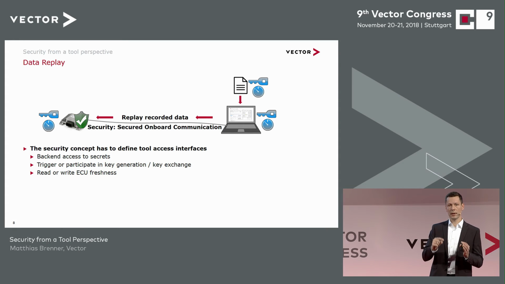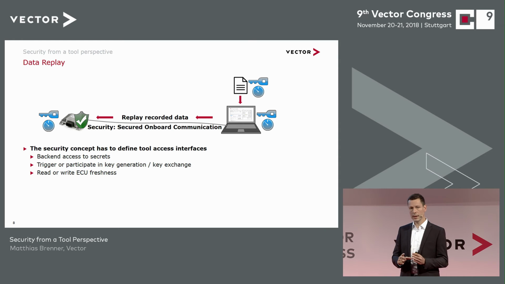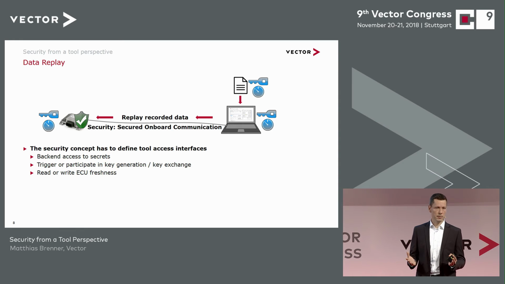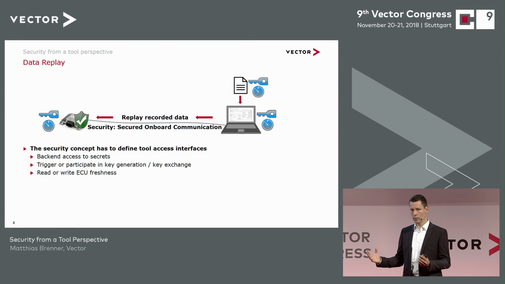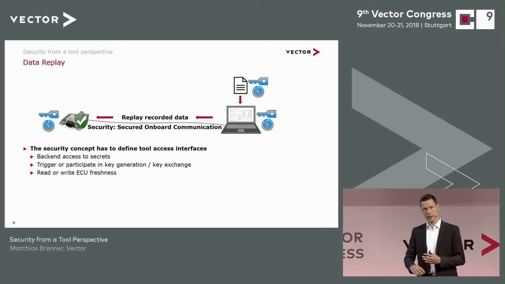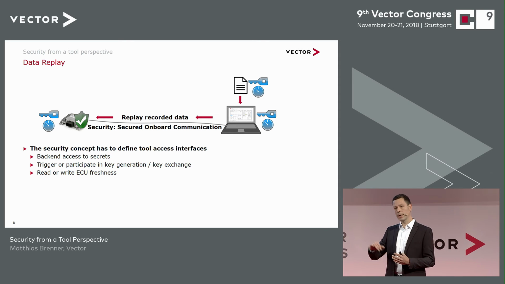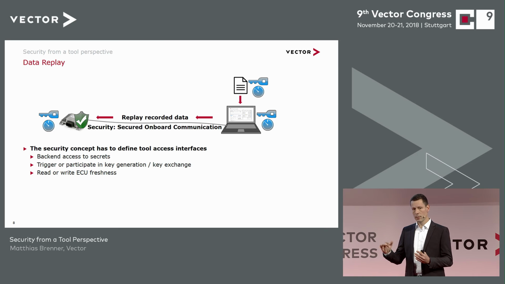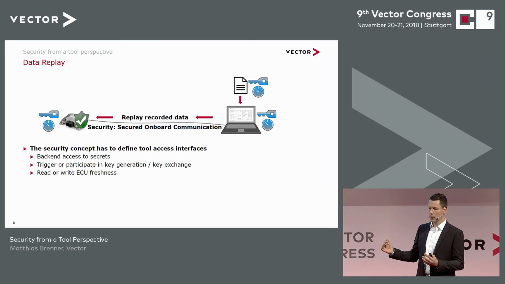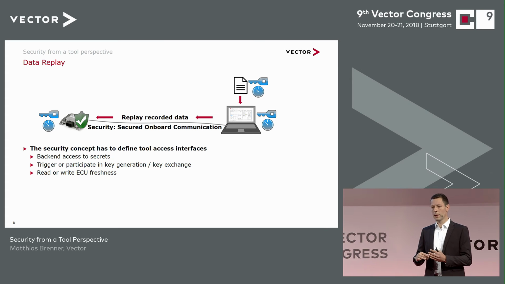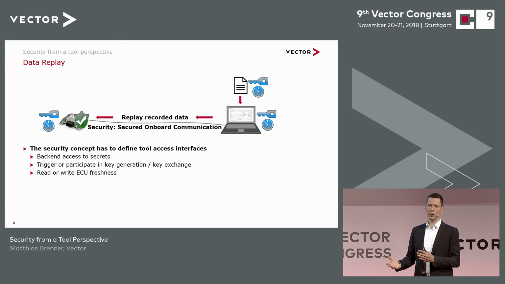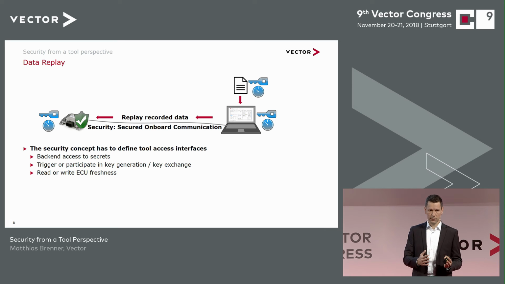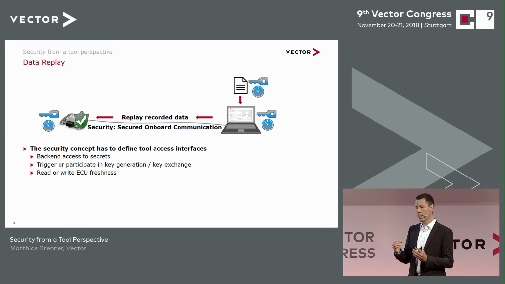So the test application has to be able somehow to change the security parameters in the ECU. And this can only work if, when generating the security concept, the test application was also taken into consideration. Because the application has to be able to take the keys and/or certificates and pick them off from a backend. As an application, I have to be able, possibly during key generation or key distribution, to be part of all that.